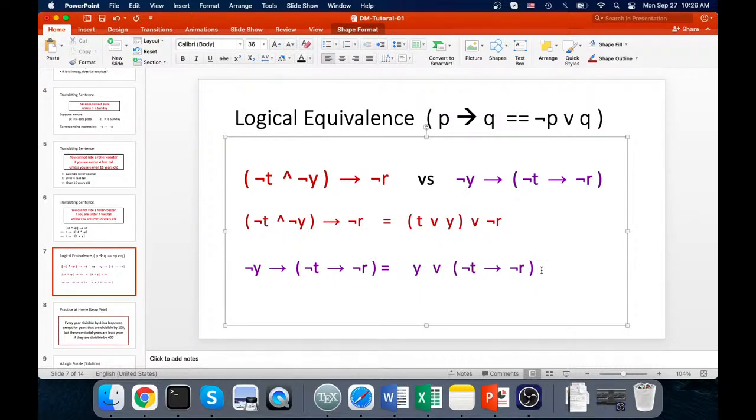So let's do another simplification. So this is going to be equal to what? Let me copy it. The first part is Y. The second part is not this one, or the second part.